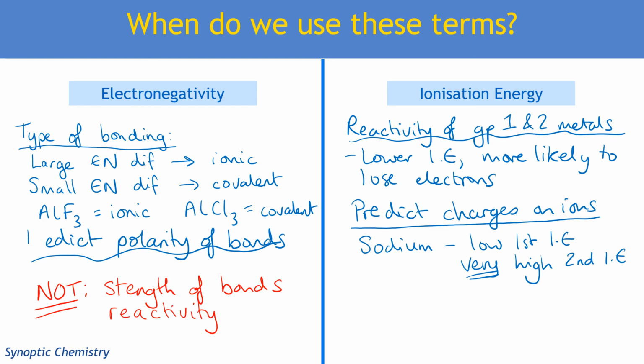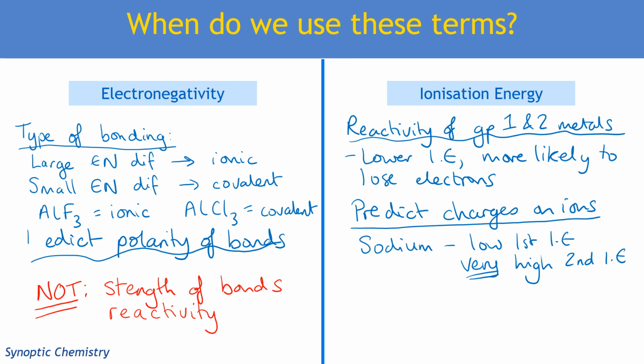So this is also how we use successive ionization energies, first, second, third, fourth, fifth, etc., to determine how many shells an element has and how many electrons it has in its outer shell. Wherever there's a huge difference between ionization energies, it's because it's in a shell closer to the nucleus.